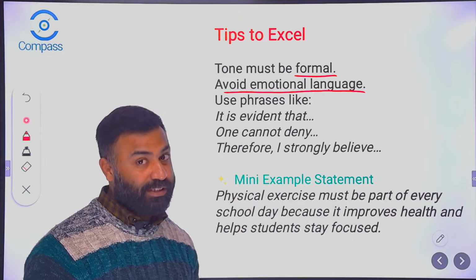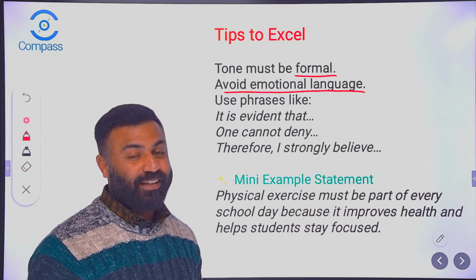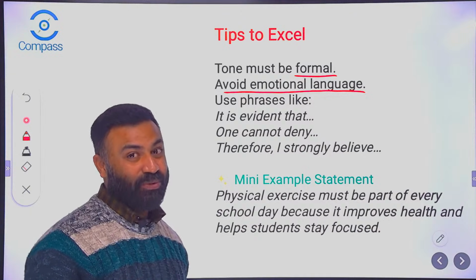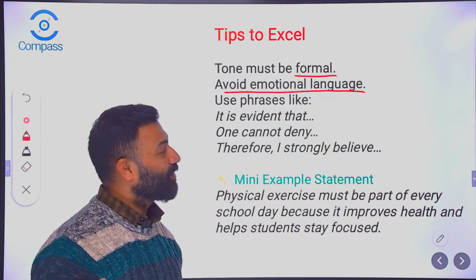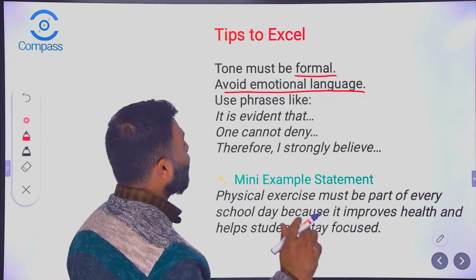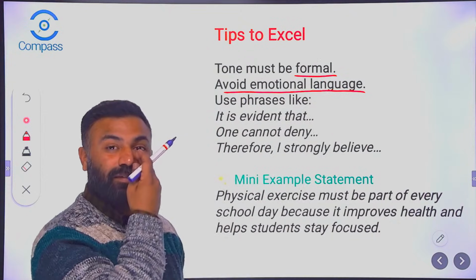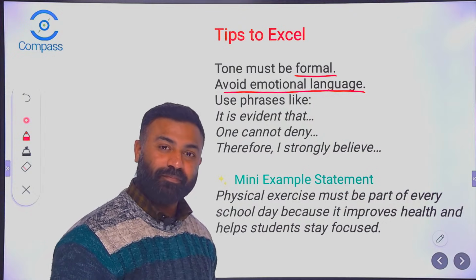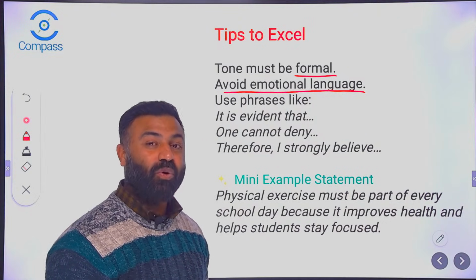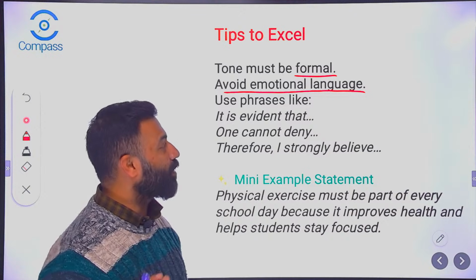No more valid points are there, no proofs are there, nothing left to be written down, nothing to describe. So the child has started using emotional language. So keep it formal, don't lose your case. This is what it means.